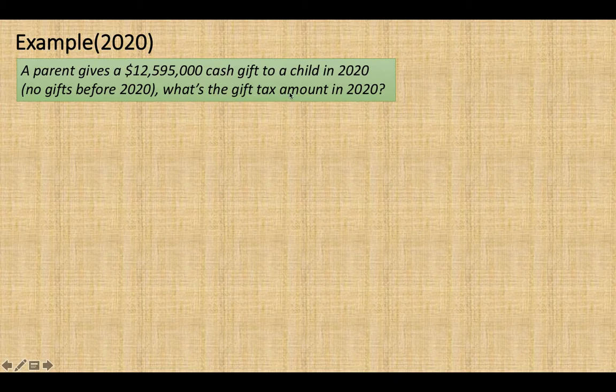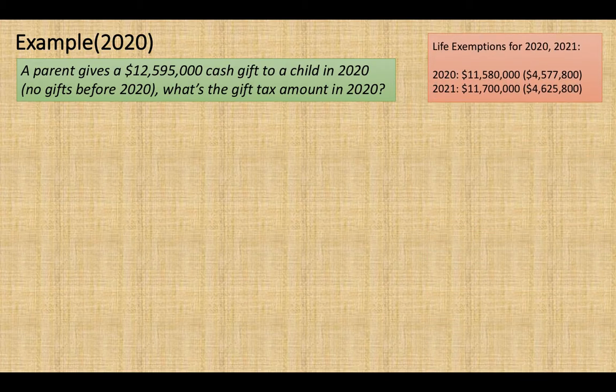Then what's the gift tax amount in 2020? The parent gives the child this cash gift, so what's the tax amount, and how do you calculate it? First, you have to know the lifetime exemption for 2020 and 2021. The 2021 will be in the next example, so we only look at 2020.